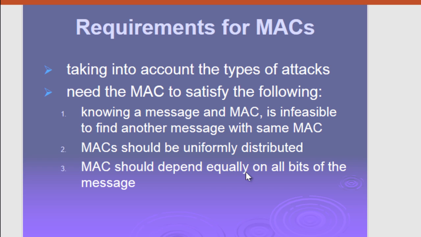And the MAC should be uniformly distributed. This is the technique followed in the MAC. It is like you have 26 letters in the English alphabet, and you write different letters in the text. What the MAC is saying is that you have to use each letter uniformly, or at least similarly.